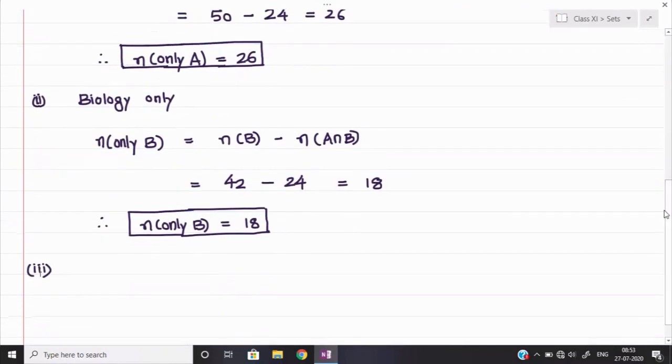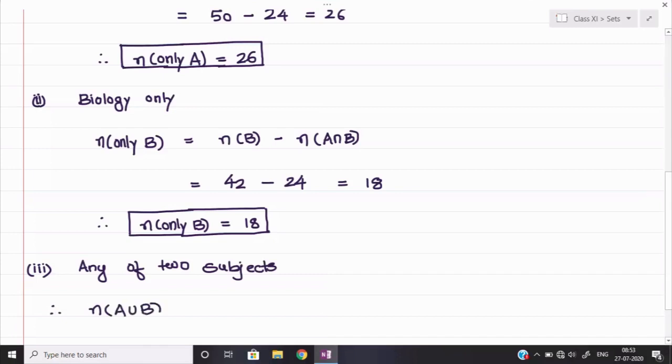So here we shall mention any of two subjects. So what they are asking here is n of A union B.